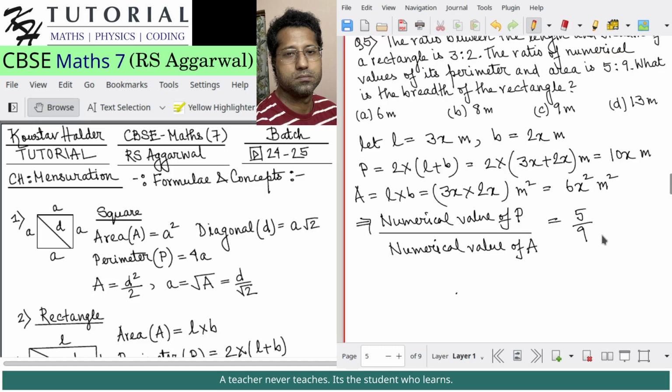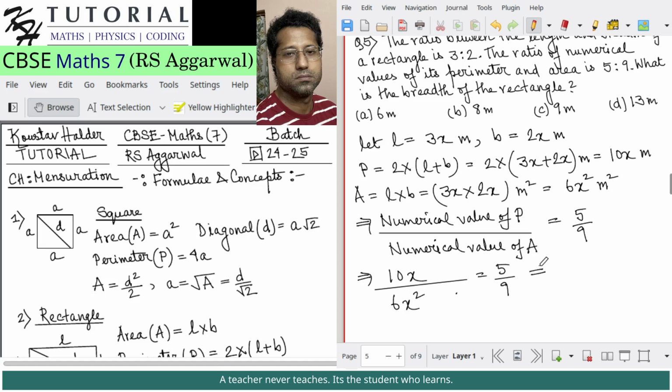This is given. Now what is the numerical value of P? By numerical value of P we mean we will ignore its unit and only take the value. P is 10x meter, so we will ignore the meter, and the value will be 10x. Similarly, for area, the numerical value of area will be 6x square.